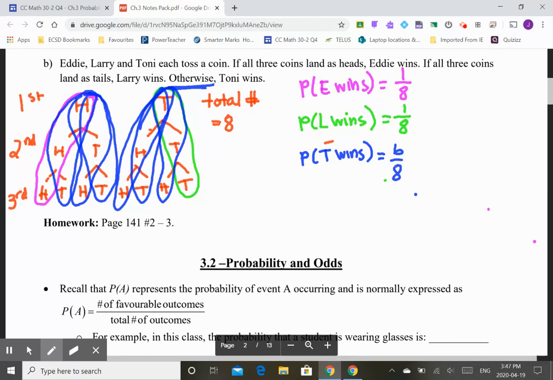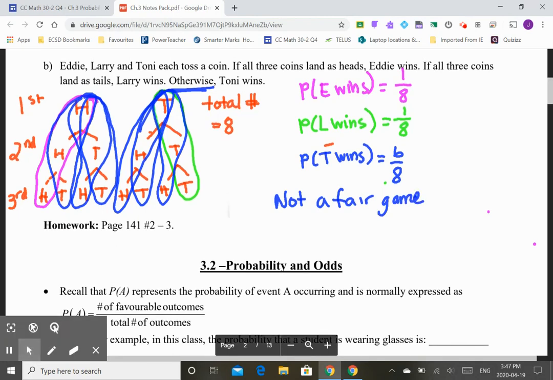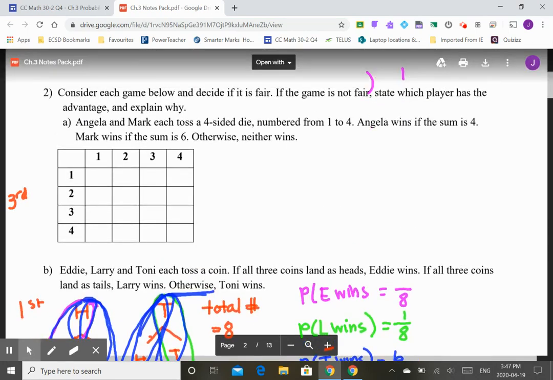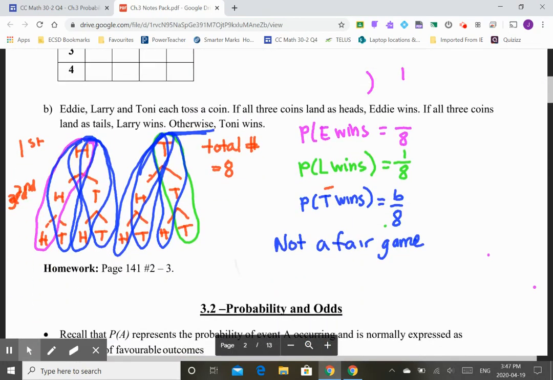Well, that shows us right away that not all the probabilities are the same for each player, which means this is not a fair game. And we were asked above that if it was not a fair game, we have to say which one has the advantage and explain why.